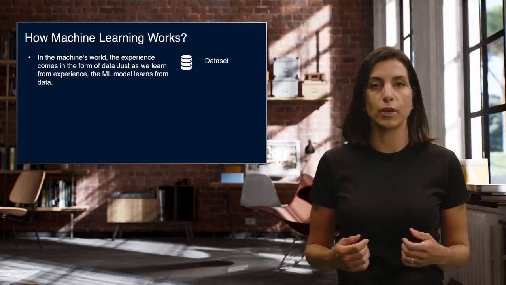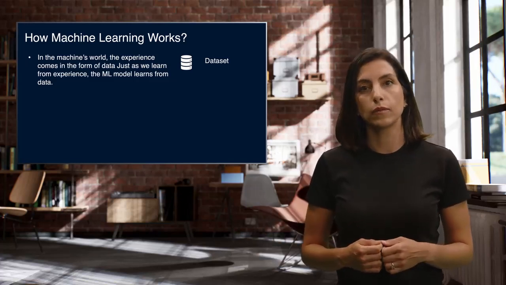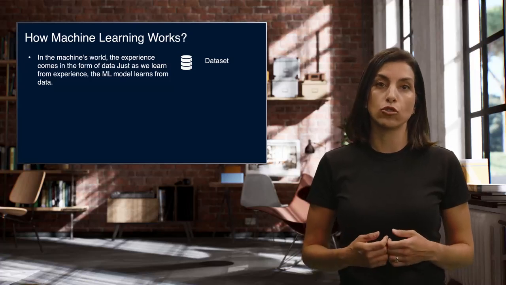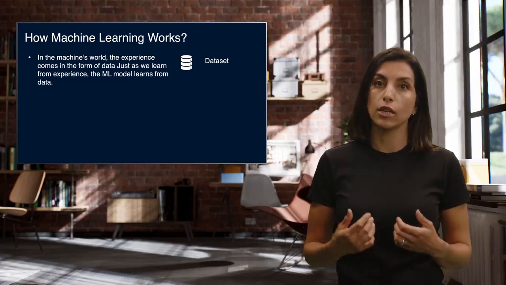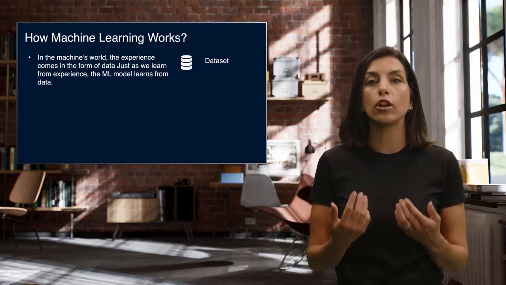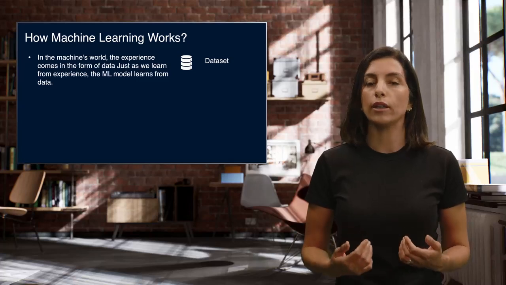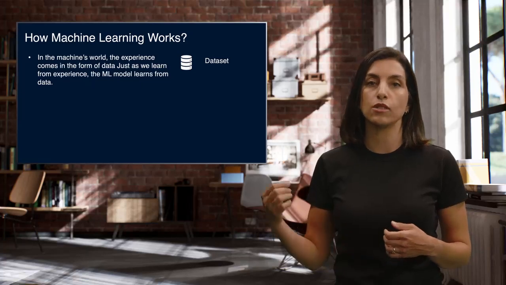Just as we learn from experience, the ML model learns from data. Machine learning algorithms are trained on data sets. We will come back to define the difference between data set and data, allowing them to learn from data patterns without being explicitly programmed for each specific scenario.